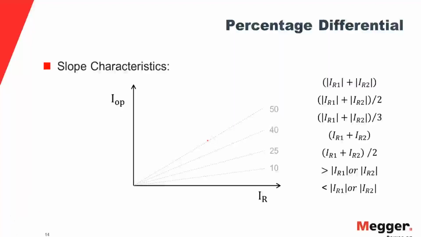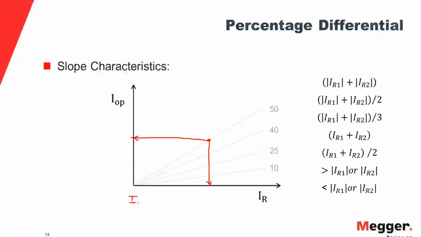Each manufacturer calculates the restraint current differently. As I mentioned, you can take the minimum of these two currents or the maximum of these two currents, or you can also do an average of the magnitude or a vectorial average as well. So there are different types of calculating the IR, but where is that from? That's from the restraint current here.